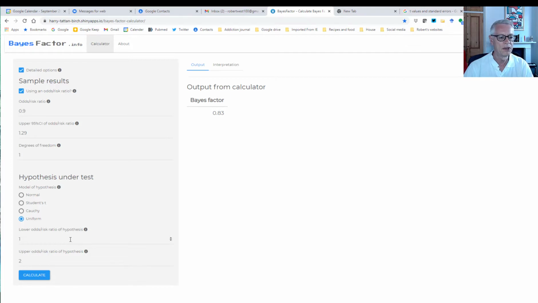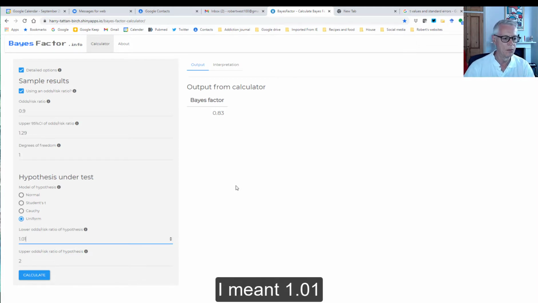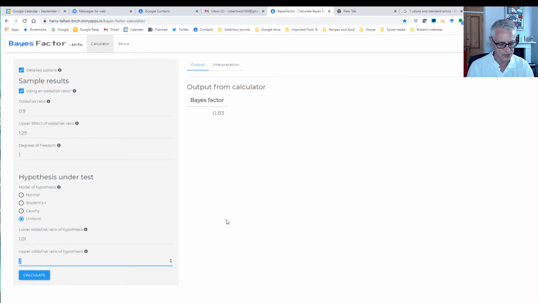Quite often with odds ratios or risk ratios, it makes sense to specify a lower and upper bound. So you'd say, well, I'm interested in any effect from 1.01, anything better than 1. And I think the largest effect that I'm ever likely to see is 5, let's say.